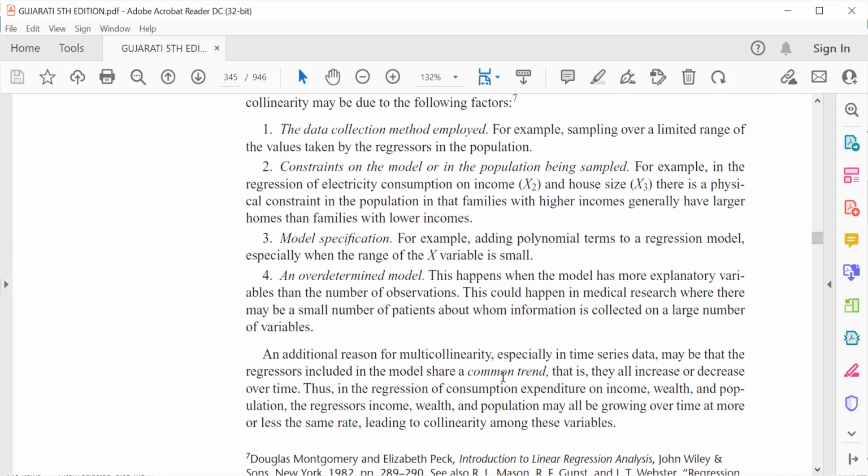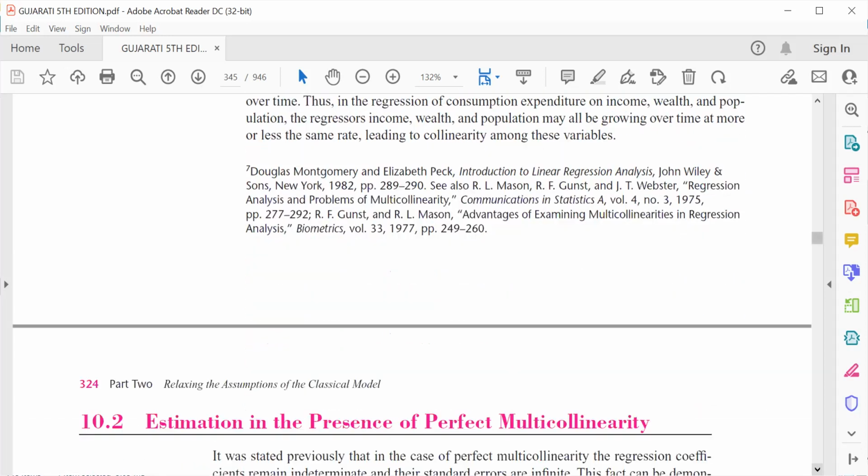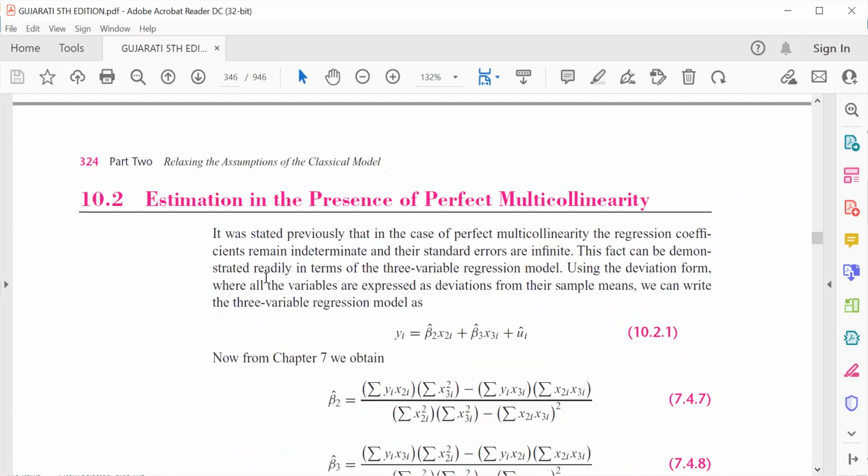Here, for example, in the regression of consumption expenditure on income, wealth and population, the regressors income and wealth and population might all be growing over time at more or less the same rate. For example, if income increases, that means wealth will increase and population also always increases. So there is a possibility the relationship between income and wealth will have high collinearity. Okay.